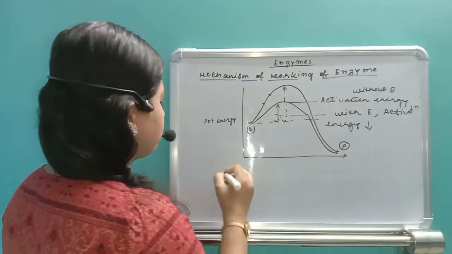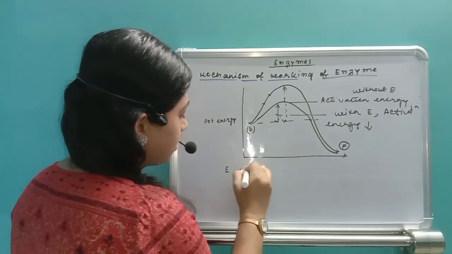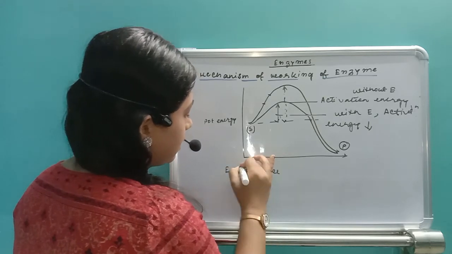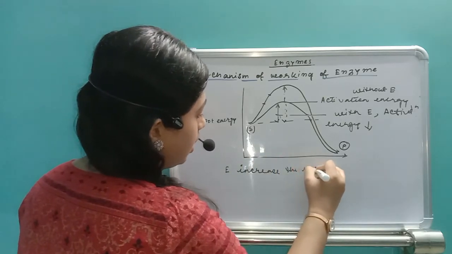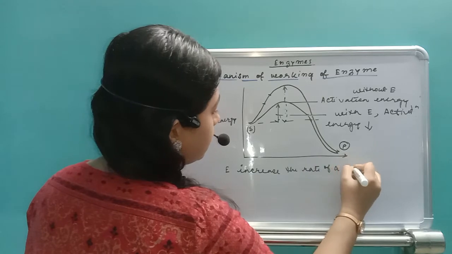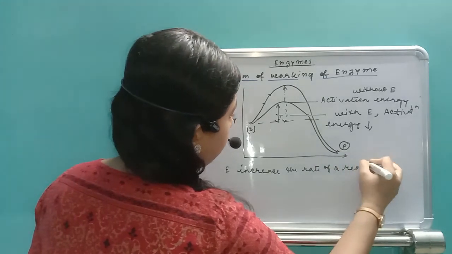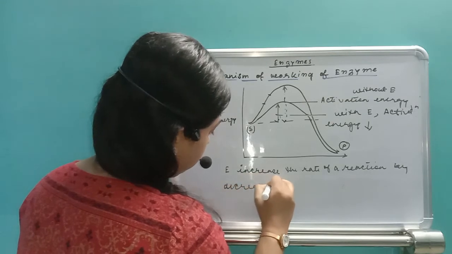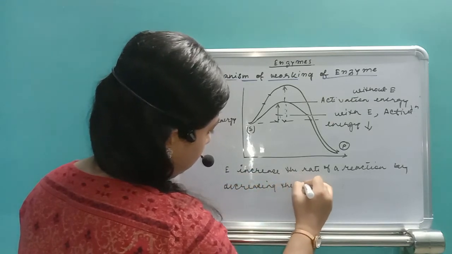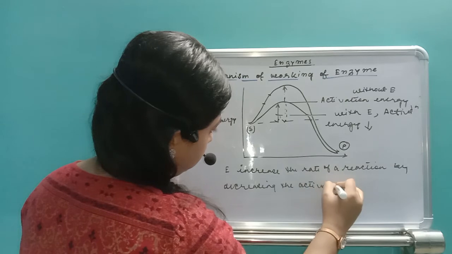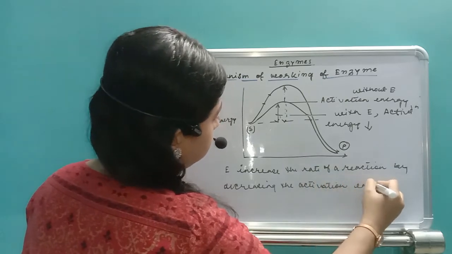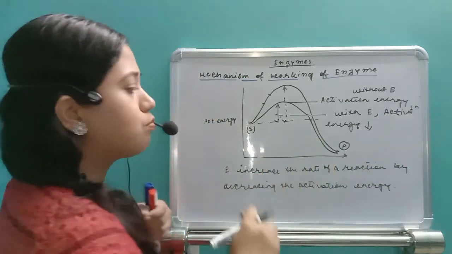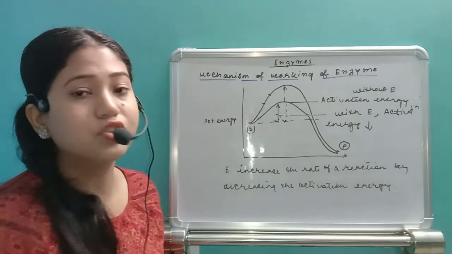So this point you have to remember: enzymes increase the rate of a reaction by decreasing the activation energy. This point is going to be very important.